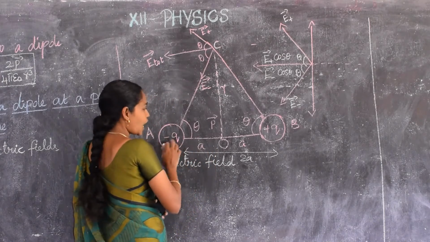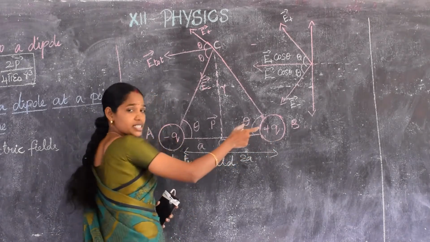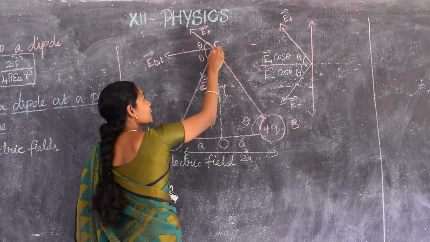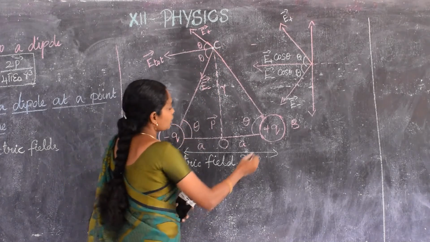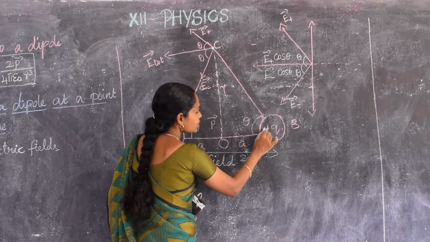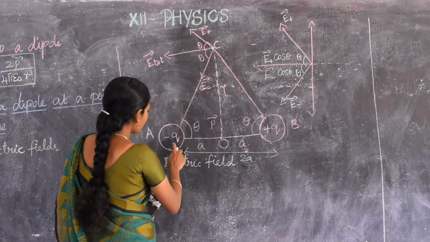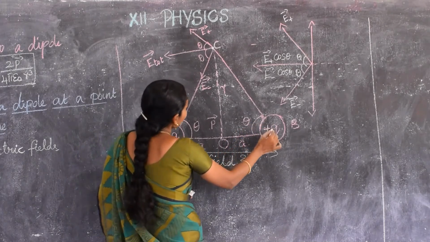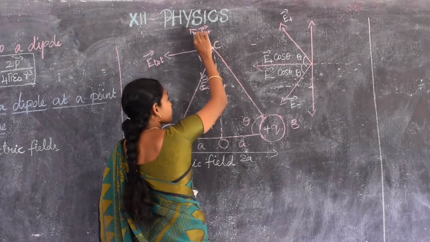And next, we have to calculate the electric field. Here we take these charges as point charges. So, both the charges separately create an electric field at this point C. First we calculate the electric field due to the positive charge, and next the electric field due to the negative charge. The electric field due to a positive charge will always repel.